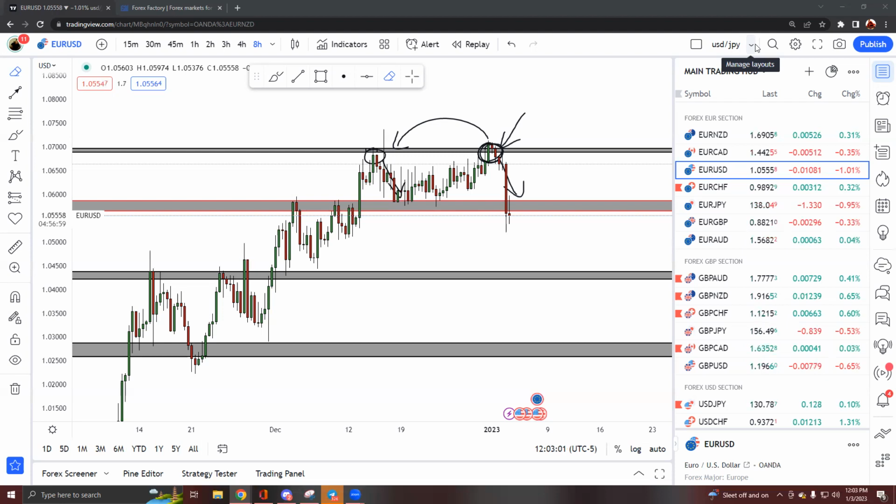But going back to this right here, doesn't this somewhat look like a double top pattern, where we have that first peak here, and then here we have that second peak? And if you know how to trade a double top reversal pattern, when price action breaks below the neckline, that's when you're looking for a pullback to the same exact level.